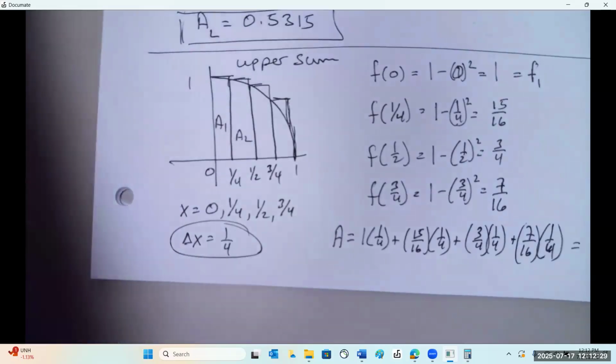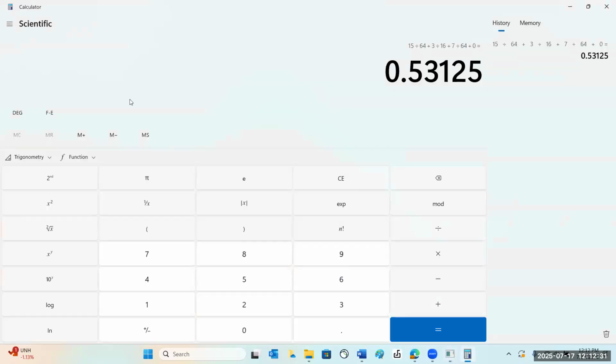All right. So for the first one, I get 1 divided by 4 plus 15/64.